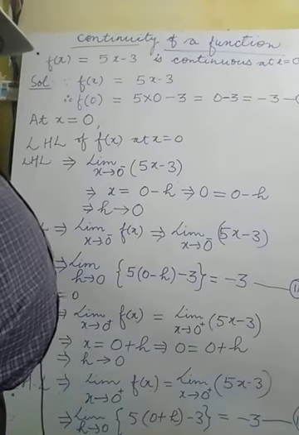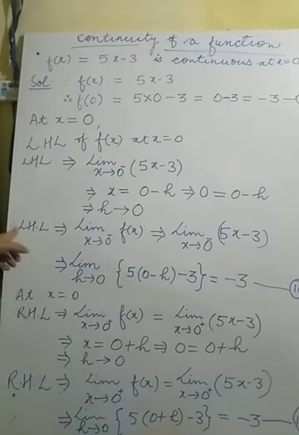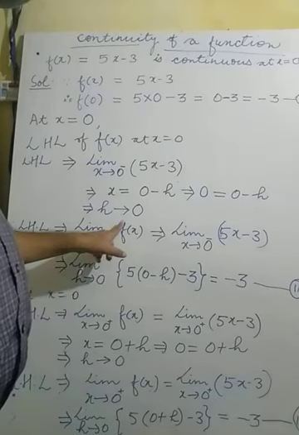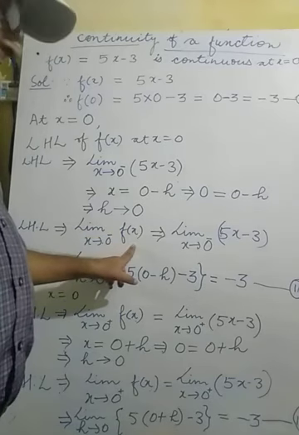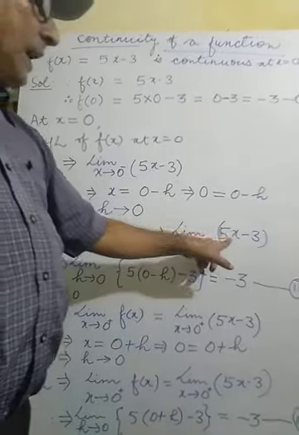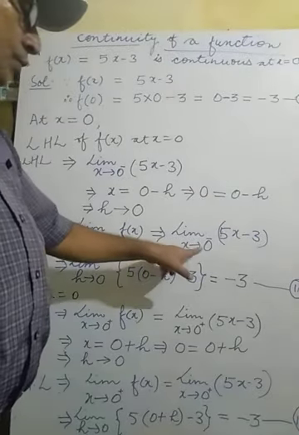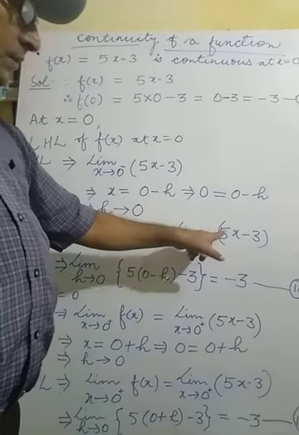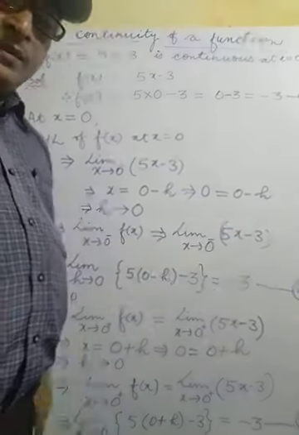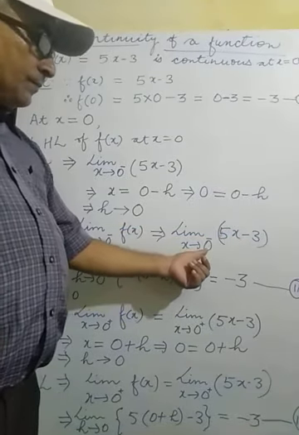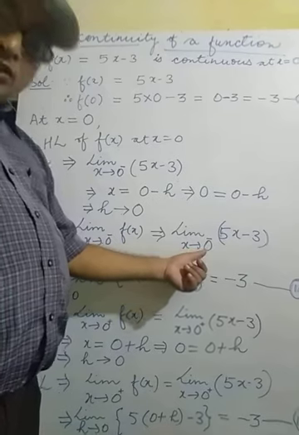Now again we have to note down LHL, meaning left hand limit. Left hand limit implies limit x extends to 0 minus of the function f(x). And what is f(x) here? 5x minus 3. Same thing will be noted down: limit x extends to 0 minus, and here 5x minus 3. Now in the place of x we have to note down 0 minus, meaning 0 minus h.